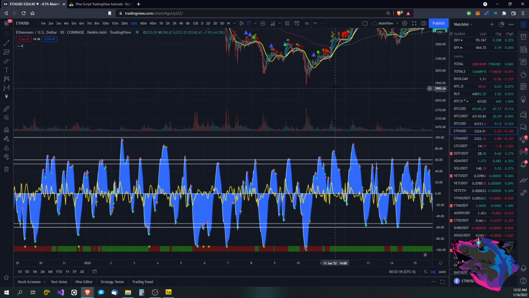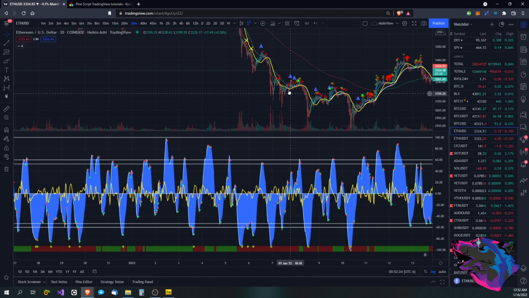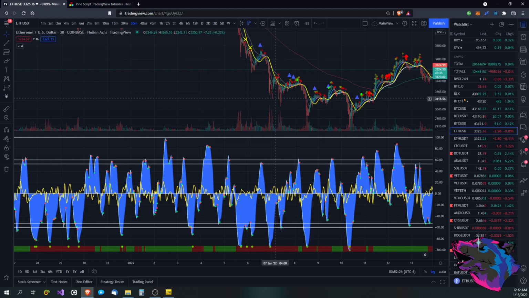Okay, so we have a little bit here, so you can see price is coming down, price is coming down, price is coming down. We're getting lower lows, but we did get higher lows on the momentum wave, and it did go up a little bit.